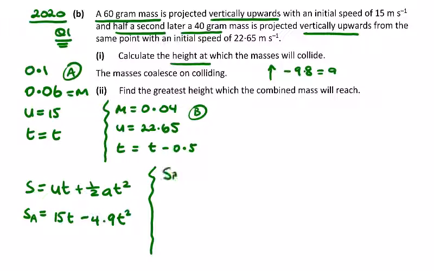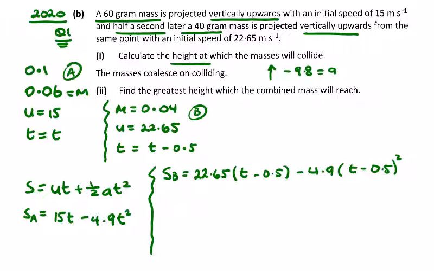The displacement for b is going to be equal to u, 22.65 times t, which is t minus 0.5, and it's also going to be minus 4.9 by t squared, which is t minus 0.5 squared.